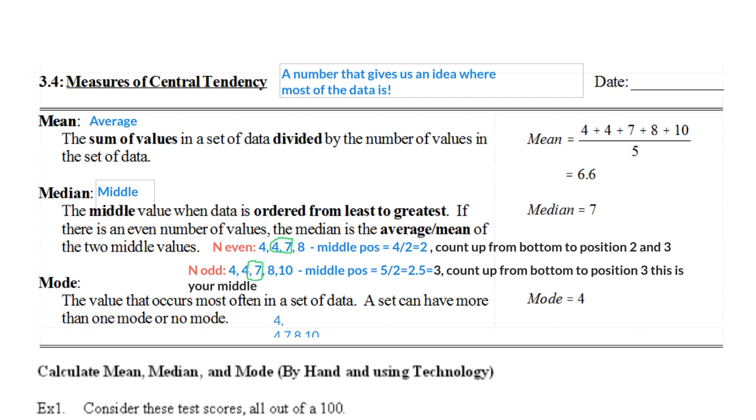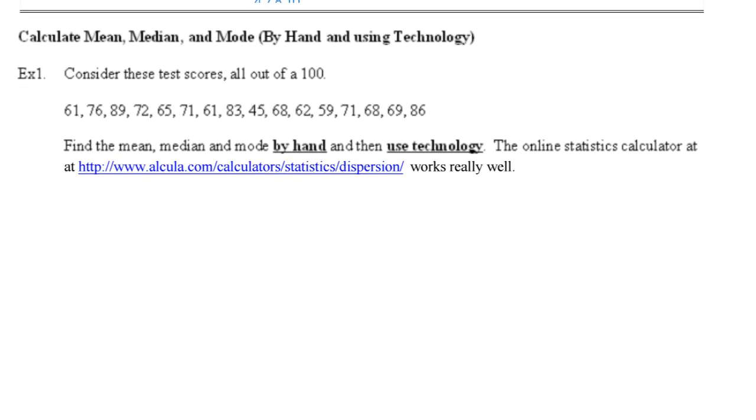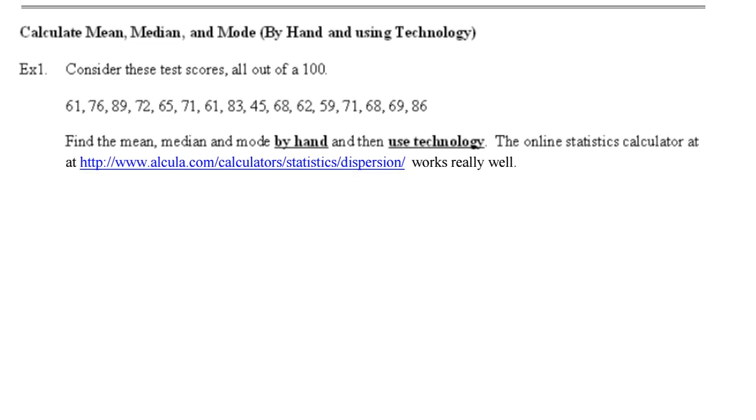So now let's continue with some examples. We're going to calculate the mean, median, and mode by hand, and sometimes we can use technology to do it. This online statistics calculator here is very useful. You can follow it in your notes.